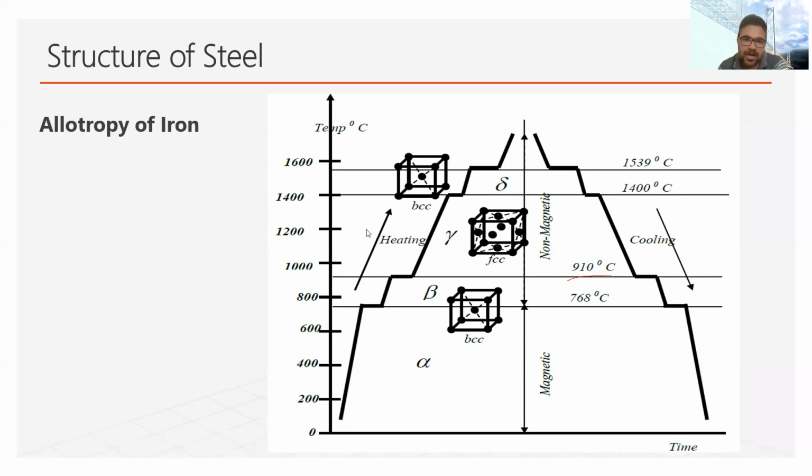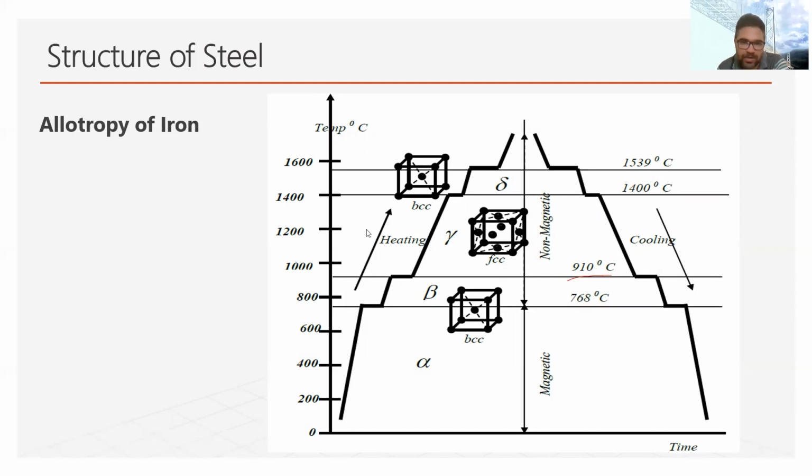Basically, iron is converted into four categories: alpha, beta, gamma, and delta iron. Alpha iron is termed when iron is up to a temperature of 768. If the temperature rises to 910, the iron will be known as beta iron.